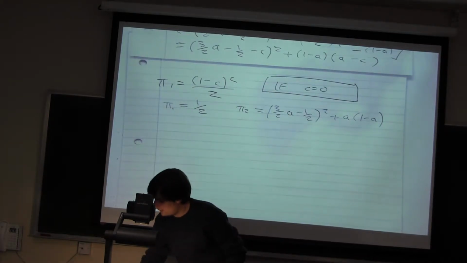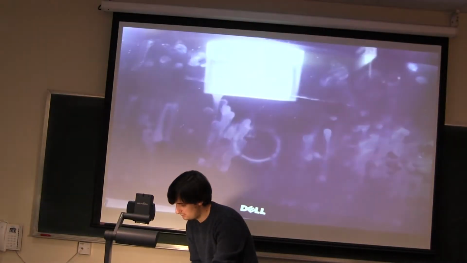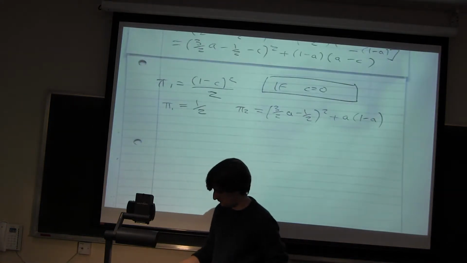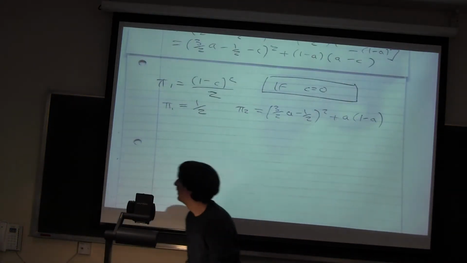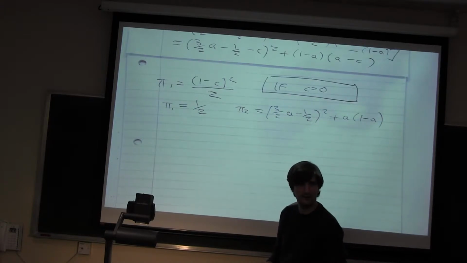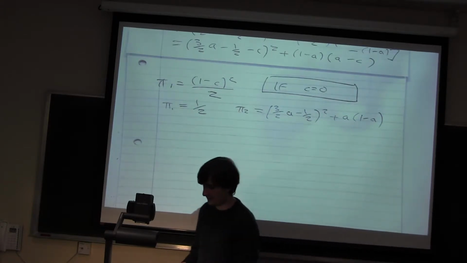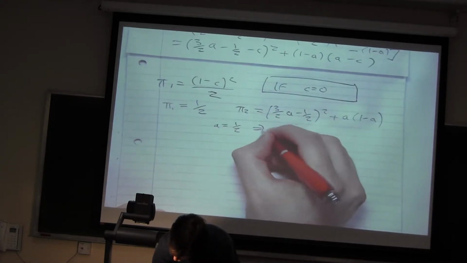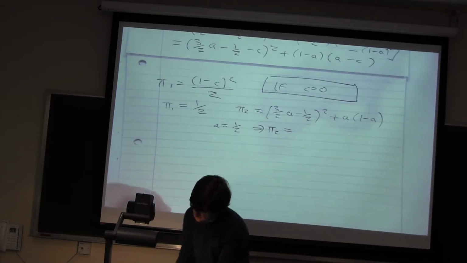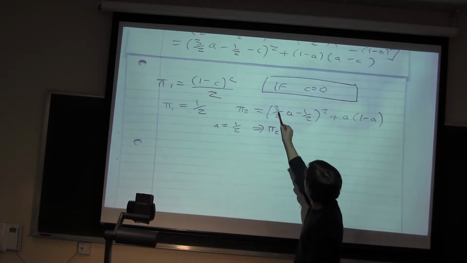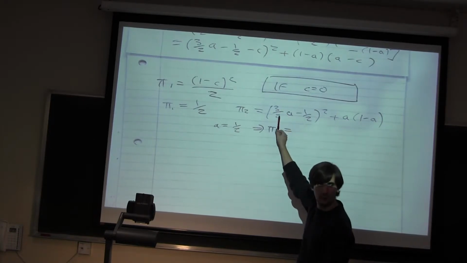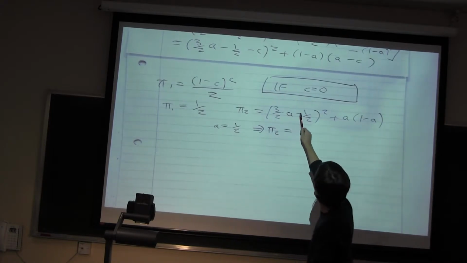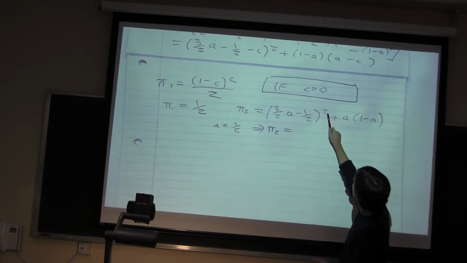And I suggested trying a is a half. Okay, so with a is a half, that is going to imply that pi 2 is equal to what? 3 over 2 times a half is 3 quarters, minus a half, which is 2 quarters, so this is 1 quarter. 1 quarter squared is 1/16.